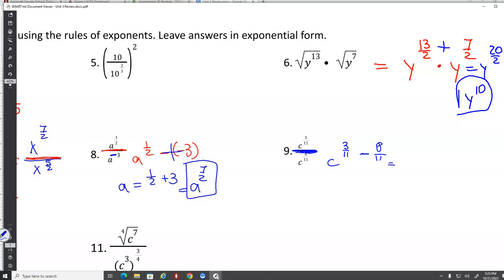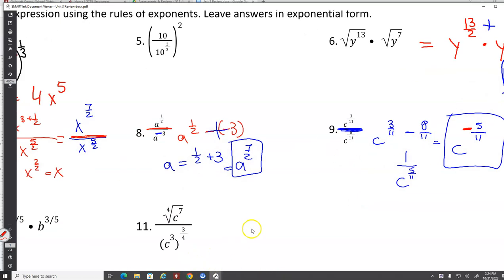That's going to give me C raised to -5/11. In exponential form, you would write 1 over C raised to 5/11, okay? Or you can leave it with the negative. Again, this negative exponent lets me know that it's going to be in fraction form, the bottom of the fraction. That gives me direction to go to the bottom of the fraction, okay?